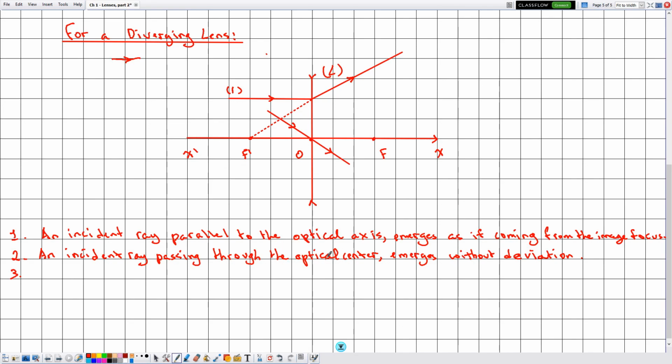But here the trick that we will do is that we will draw the incident ray directed toward the object focus. So we will do the same trick that we have done for the first incident ray. Because the incident ray cannot pass through the object focus, we will draw it as if directed toward the object focus, like this.